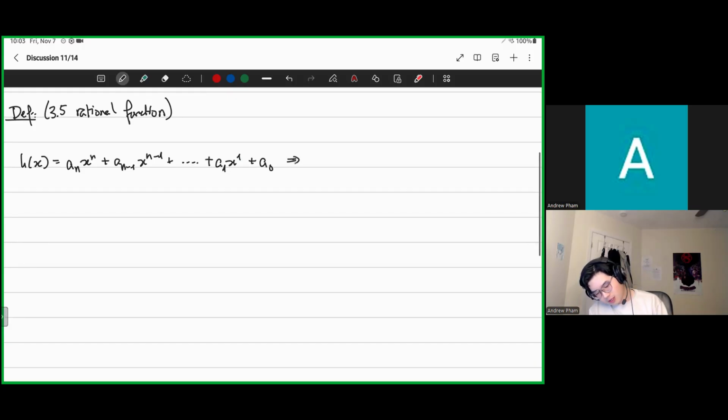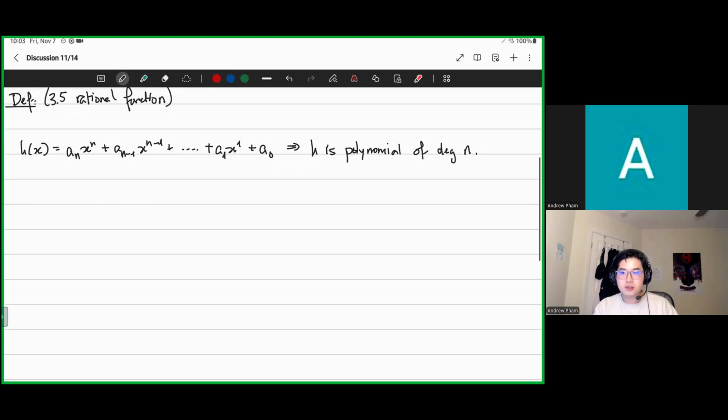In this case, we call h a polynomial of degree n. n is a positive whole number, a positive integer, and your a's are just any real number, positive or negative, but you just need a_n to be non-zero. So that's the form of a polynomial.